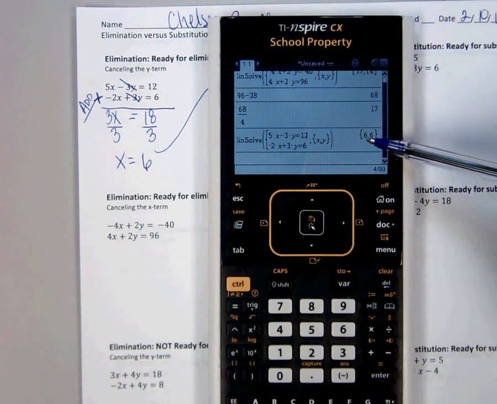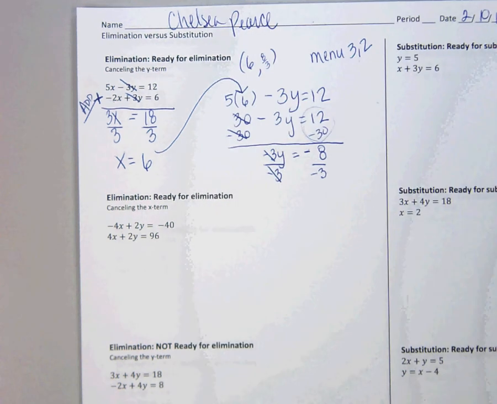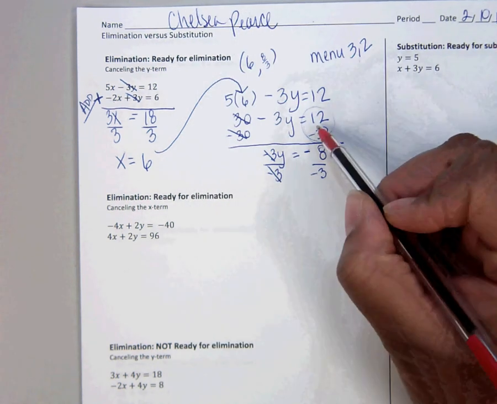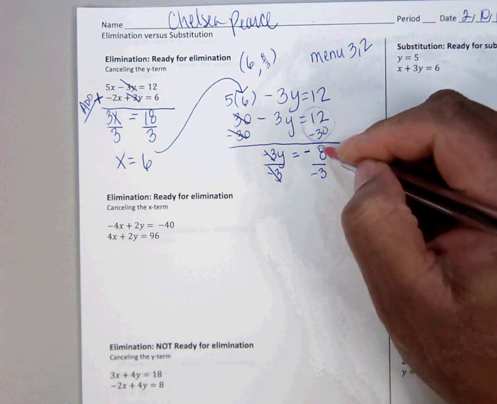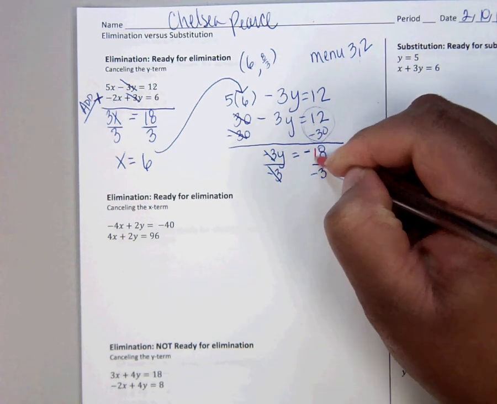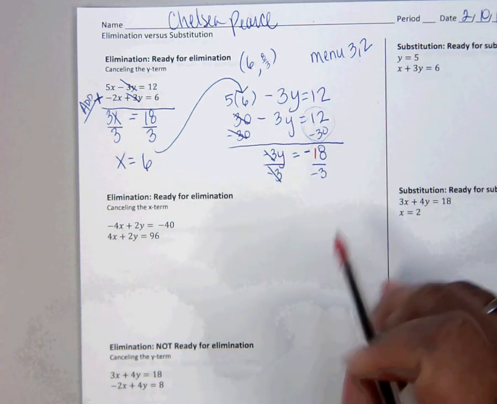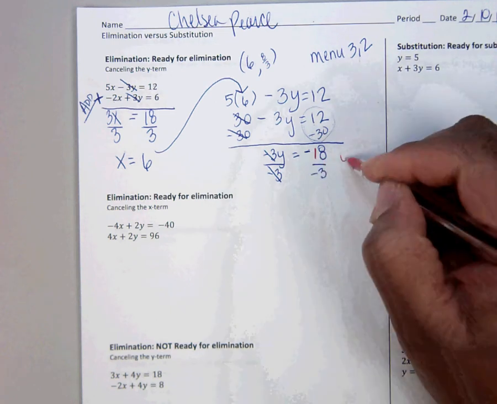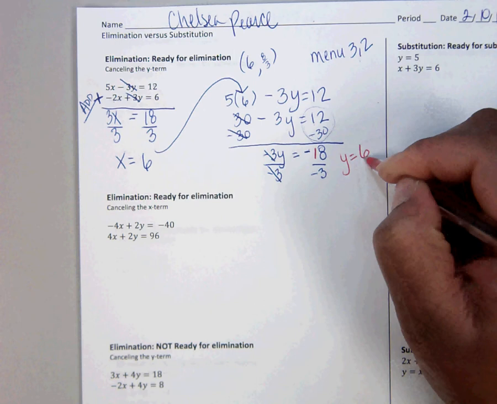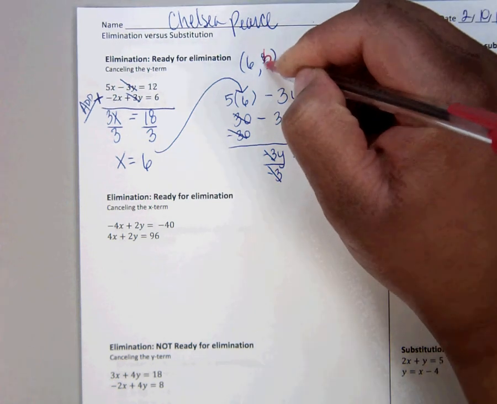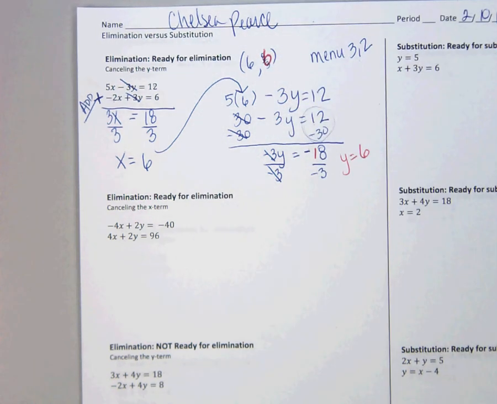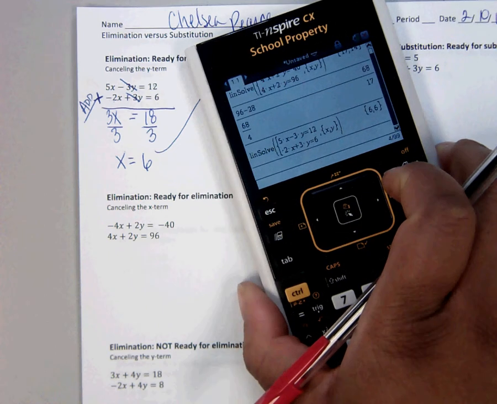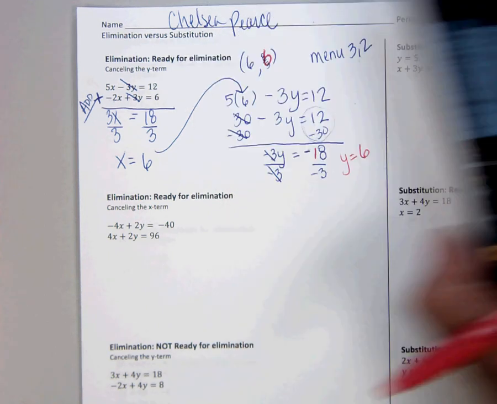So 6 is the x. I didn't get 8 over 3. It's supposed to be 6. Let's see if we can find a mistake. 12 minus 30 is not 8. It's 18. And then a negative 18 divided by negative 3 gives me that y is 6. So there is a mistake. And now it matches what the calculator told me it would be.